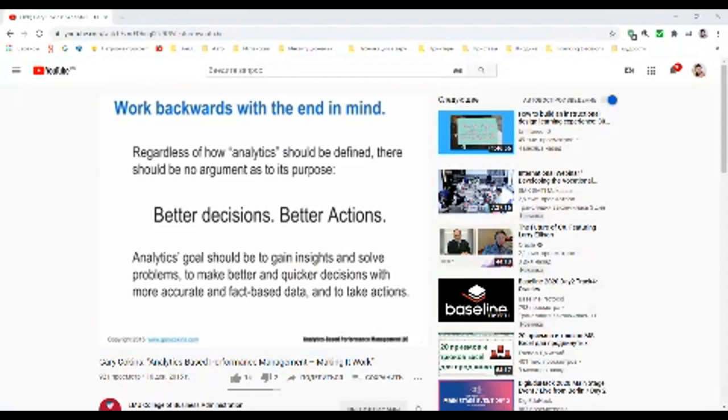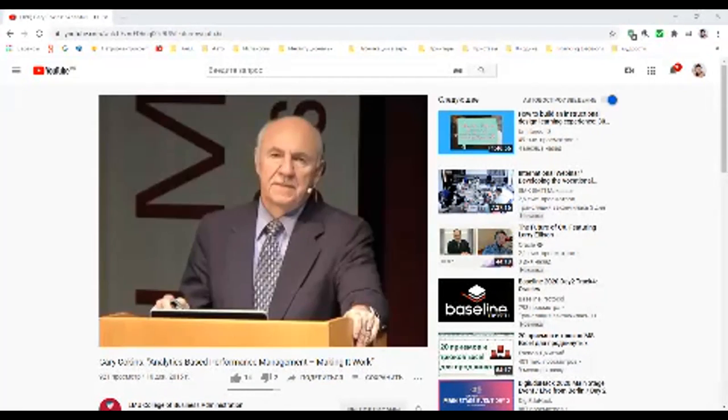Regardless how analytics should be defined, there should be no argument as to what its purpose is. And it's real simple. It's about better decisions and better actions on those decisions. Analytics goals should be to gain insights and foresight and solve problems, to make better and quicker decisions with more accurate and fact-based data, and to take actions. So I lied to you. That's probably a pretty good definition, even though I said I wouldn't give you one.